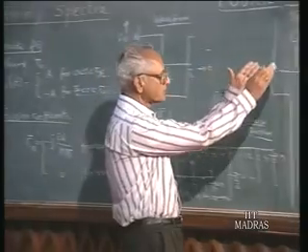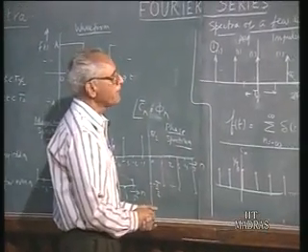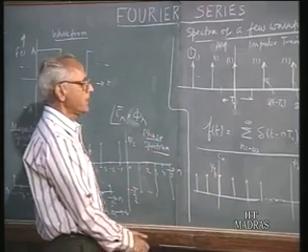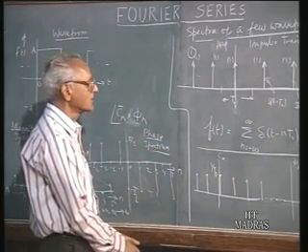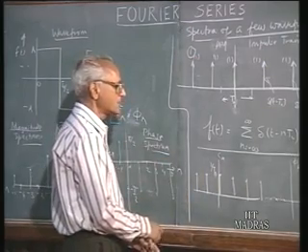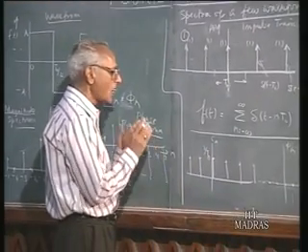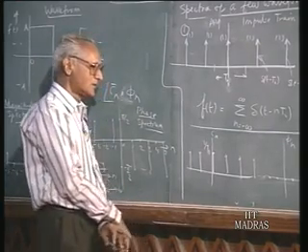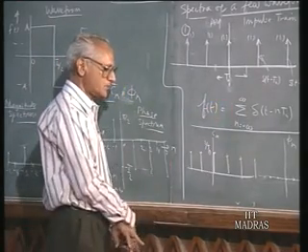You have a train of impulses of unit strength occurring regularly at intervals of t naught, then the spectrum for that is all flat, in the sense that all harmonic components have the same magnitude. They don't go down as n goes up, they retain.